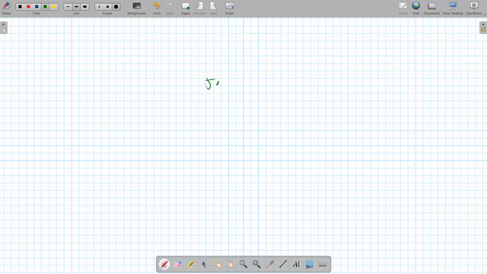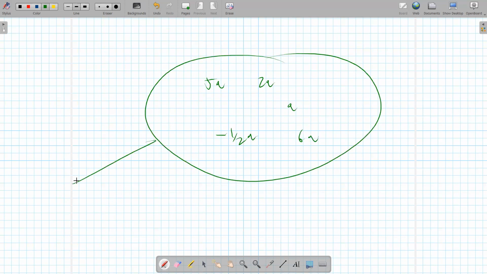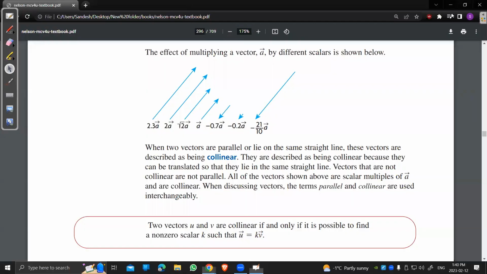For example, 5a, 2a, a, negative 1 over 2a, 6a, all these guys, they're on top of each other. Some are going up, some are going down, but they're all on top of each other. And that's called collinear. The only difference is the multiple, the leading coefficient that they're being multiplied with. That's the only difference between vectors that are collinear.